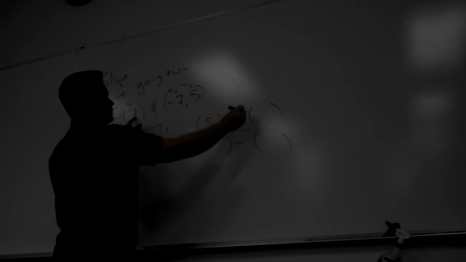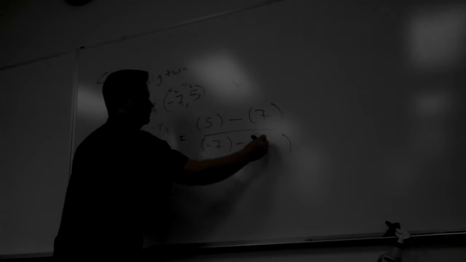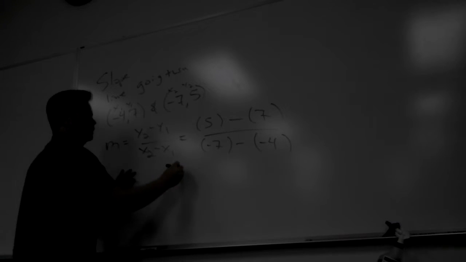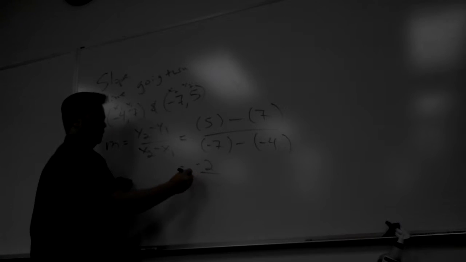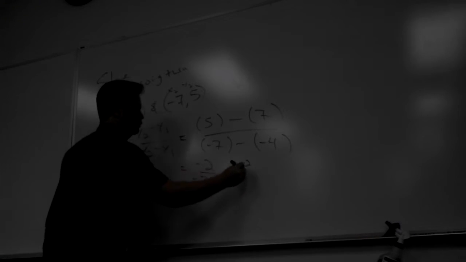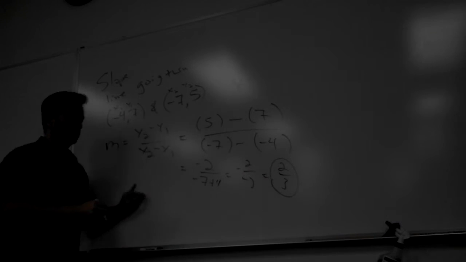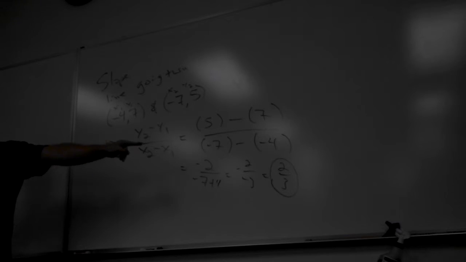If I just go the way I've written it on the board, y2 minus y1 over x2 minus x1, then you get negative 2 over negative 7 plus 4. So negative 2 over negative 3, which is 2/3. Even if you did it the other way, you should have still ended up at 2/3.